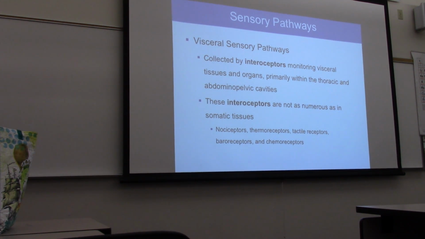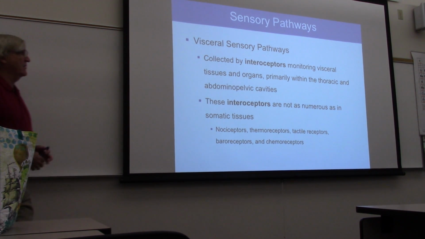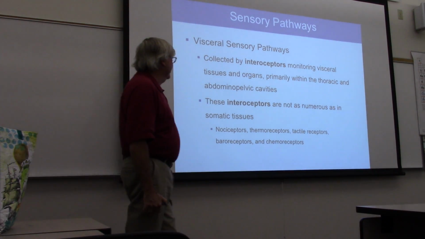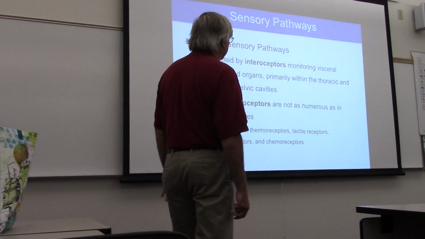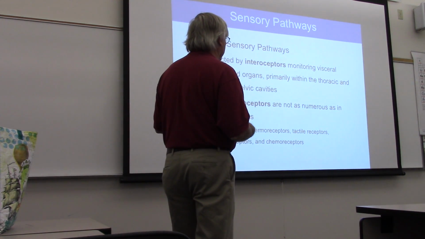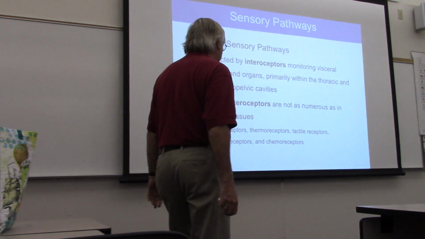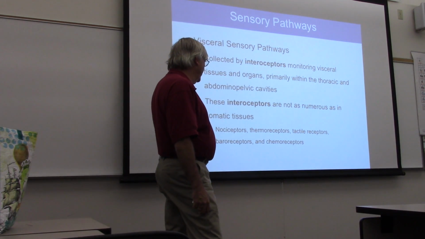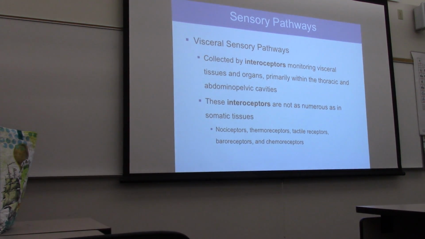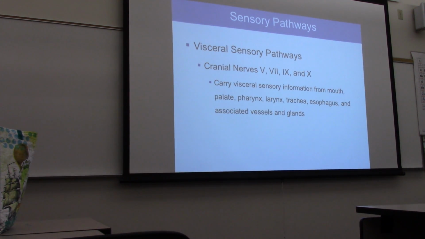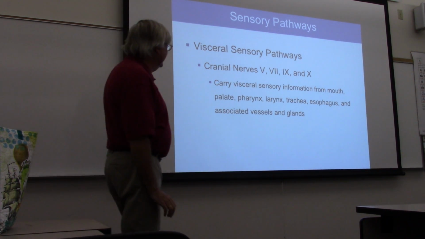The visceral sensory pathways, the stuff coming from our guts, I think I've said that pretty well already. It's picked up by these interoceptors, monitoring mainly the stretch fibers. They're not near as numerous, but when they do occur, they can be very, very painful, obviously, from the stretch. Visceral sensory pathways, you may remember these cranial nerves, 5, 7, 9, and 10.